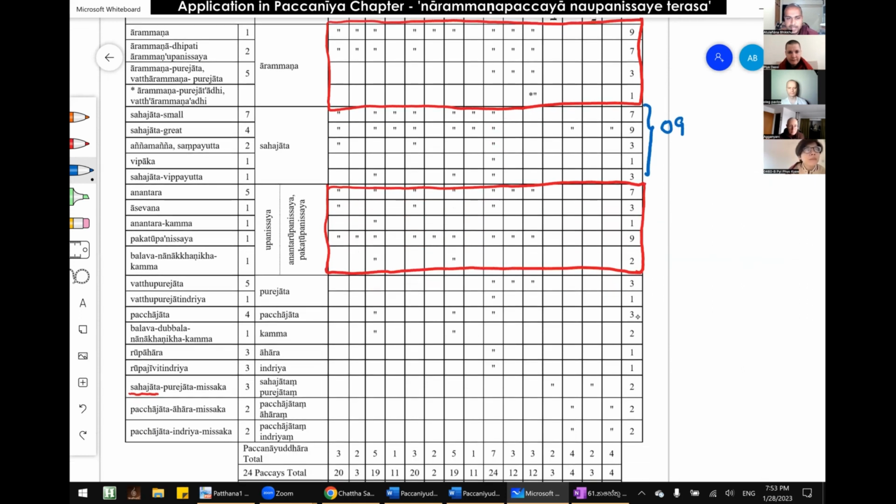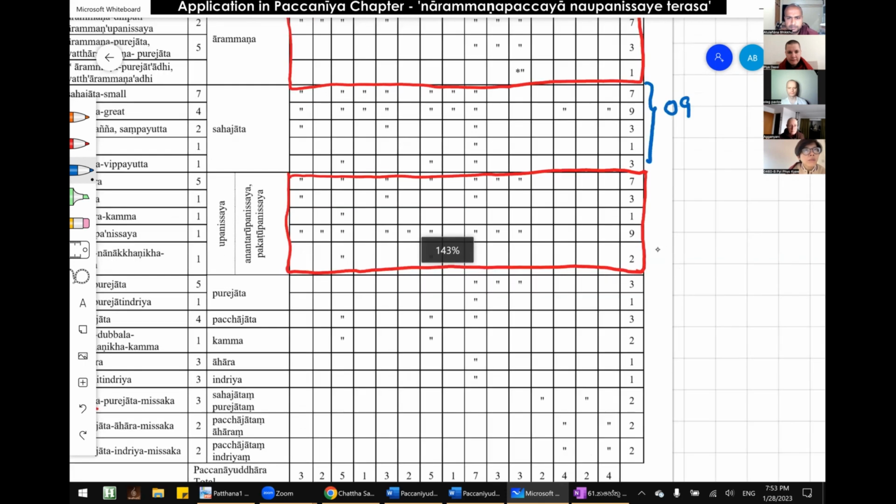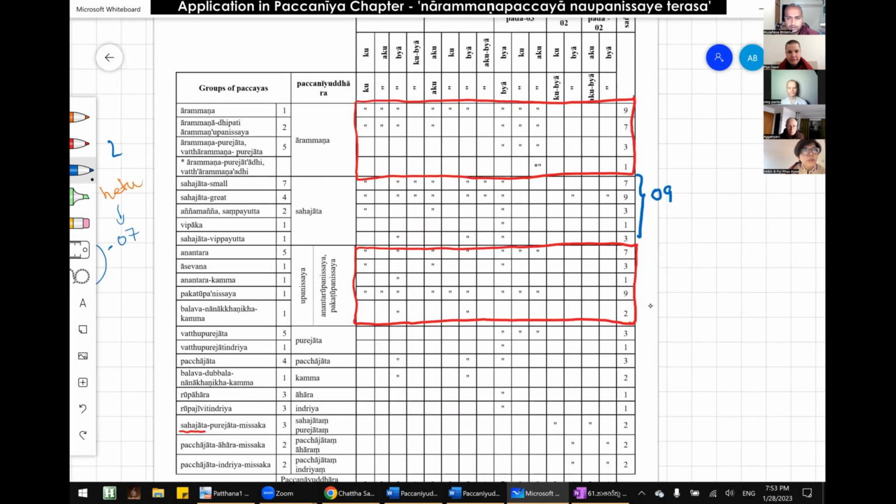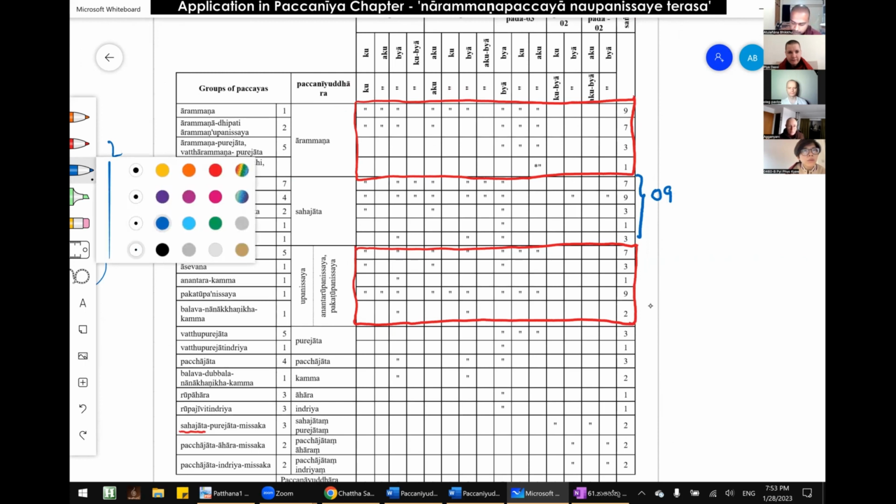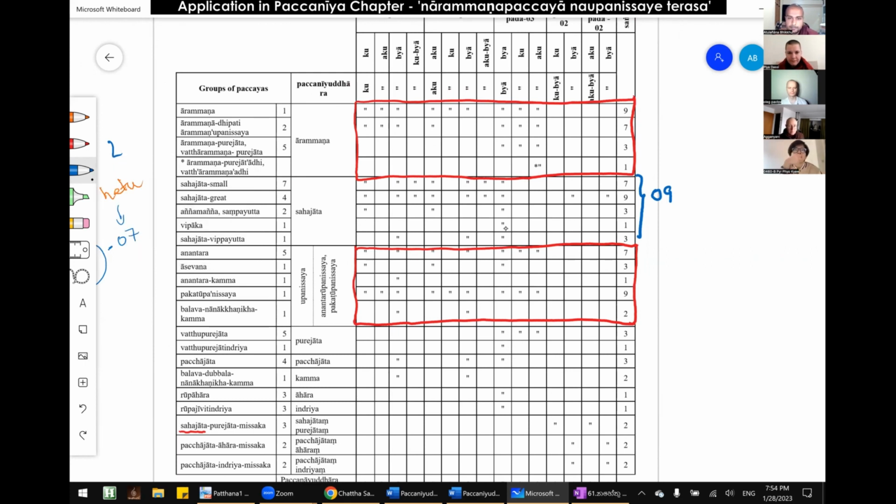Then we'll be adding up. From Purejāta, we have 2. Abhyakato kusalasa is adding up because it's not included previously. So there are two coming from here.